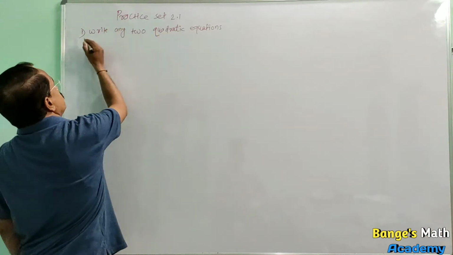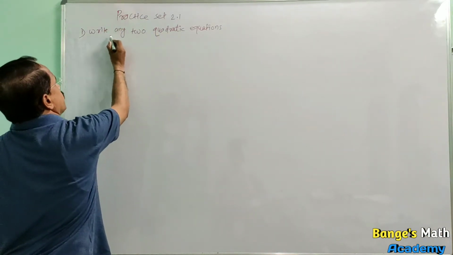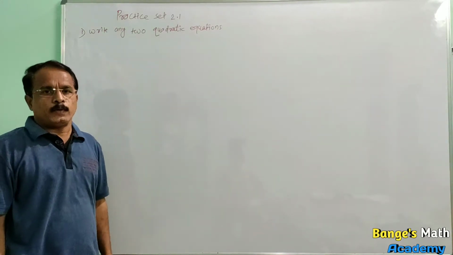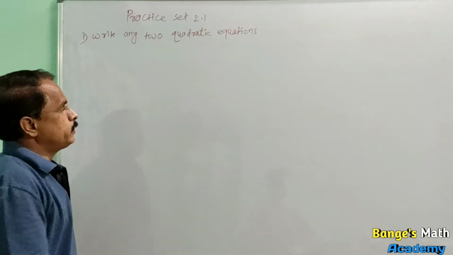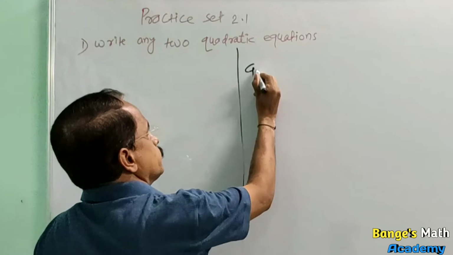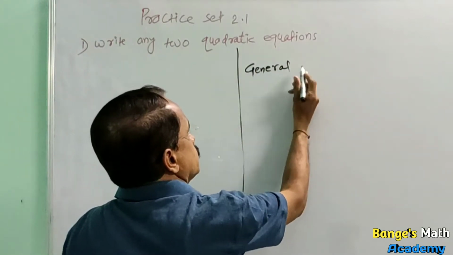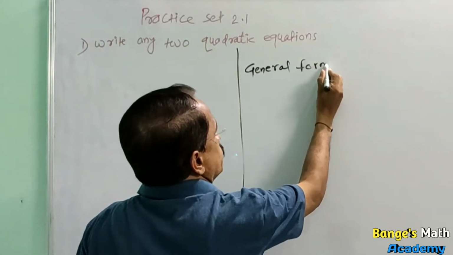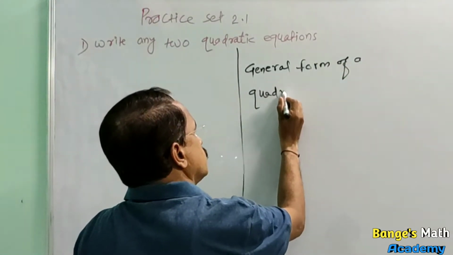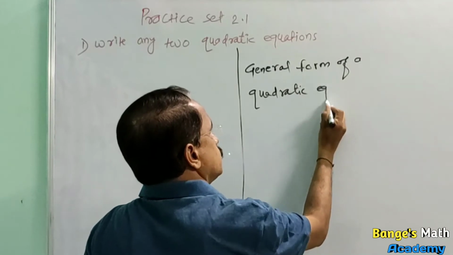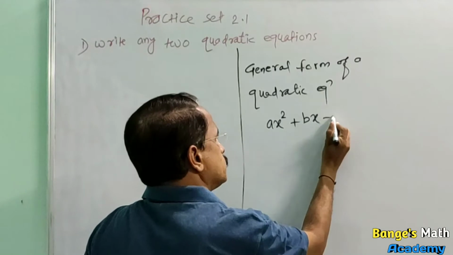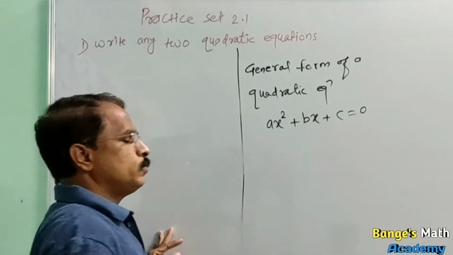Practice set 2.1. First question: write any two quadratic equations. This is an open-ended question, meaning we can write any two quadratic equations. The general form of a quadratic equation is ax square plus bx plus c is equal to 0.